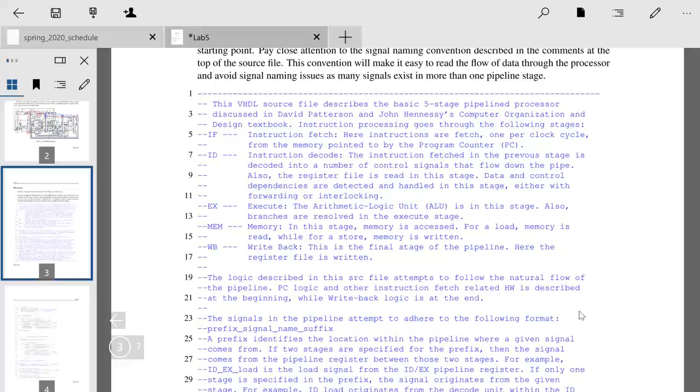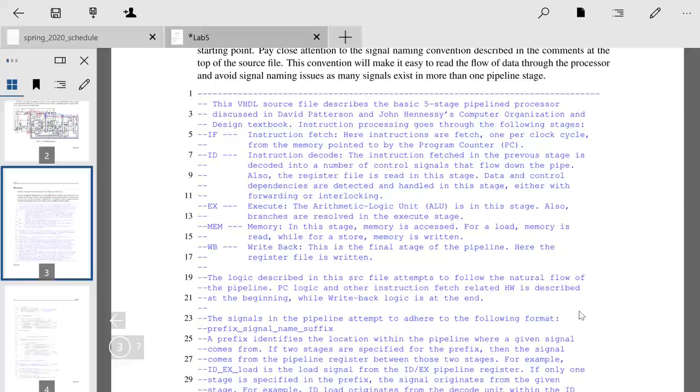Now, I think I mentioned this in the single cycle design, but I'm going to mention it again for the pipeline design. There's nothing about the language that enforces you to describe logic in a certain order. Okay, but it makes your life a lot easier if you do so.